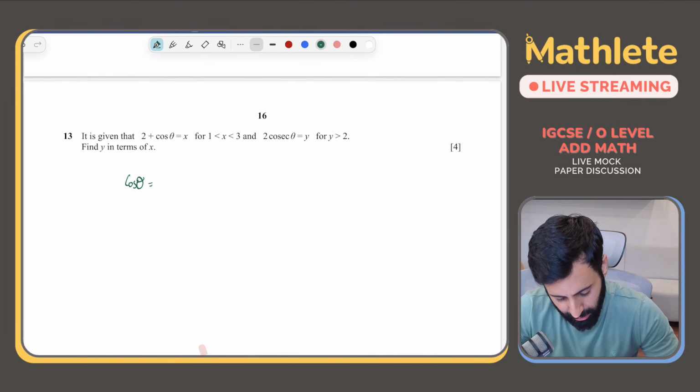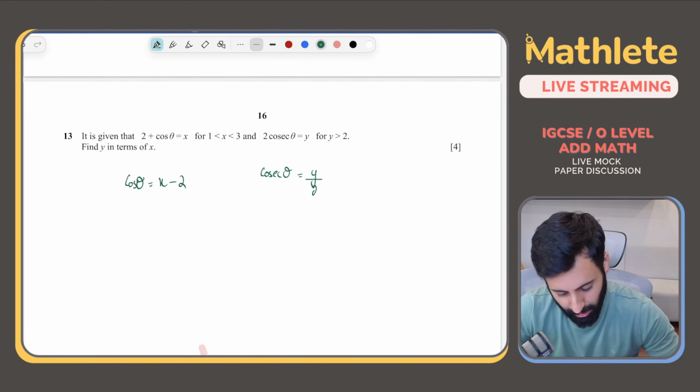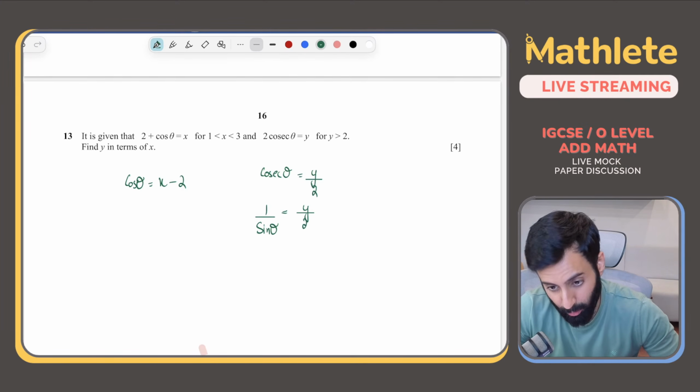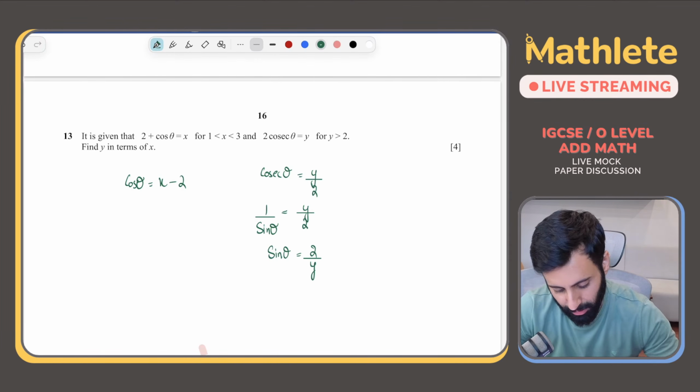Cos theta equals x minus 2, and cosec theta equals y upon 2, correct? Cosec theta is actually 1 upon sine theta, so 1 upon sine theta equals y upon 2, which basically means sine theta equals 2 upon y. If you take the reciprocal on the left, you take the reciprocal on the right.